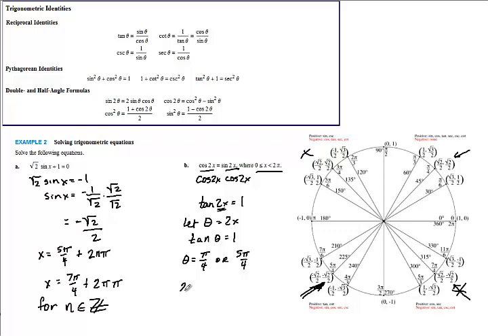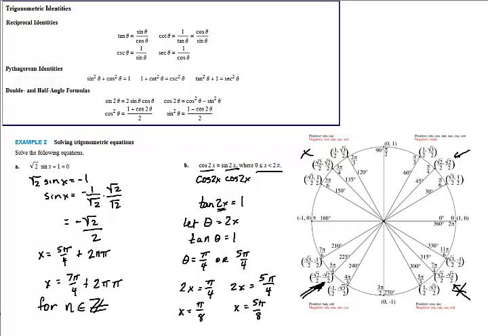And I know that 2x is what theta is, and that would equal pi over 4, or 2x equals 5 pi over 4. So for this case, x equals pi over 8. For this case, x equals 5 pi over 8.